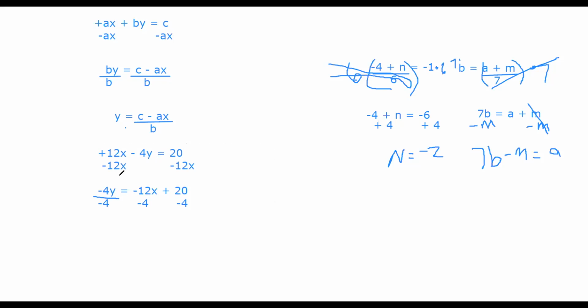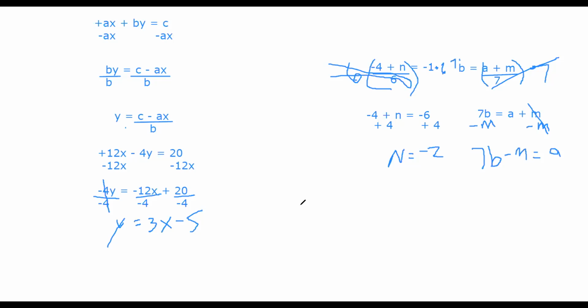I like it when I can do that because those negative 4s will cancel. And I'll end up, let's see, 12 divided by 4. They're both negative, so my answer is going to be positive. Here I got positive divided by negative, so that's going to become negative. y equals 3x minus 5. Now it's in slope intercept form. I'm happy. I can graph it easily now.